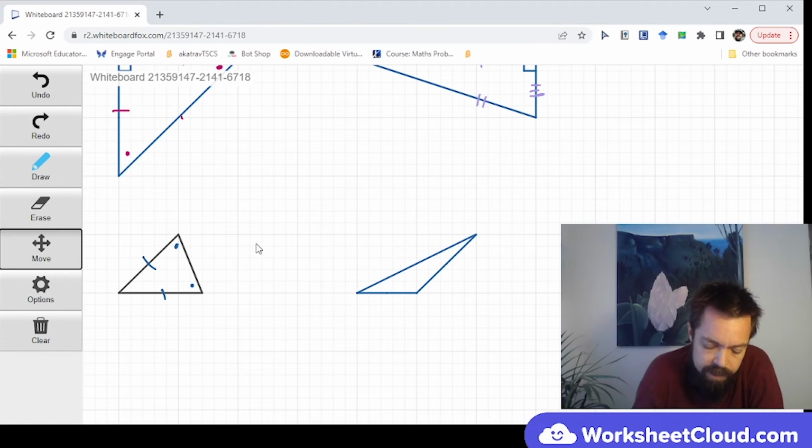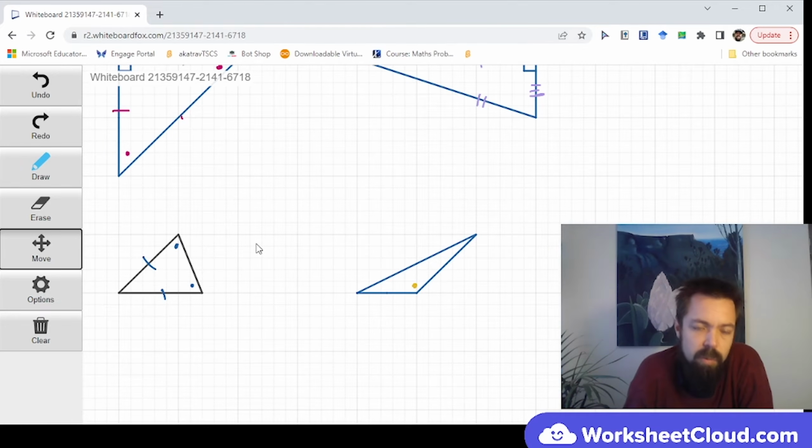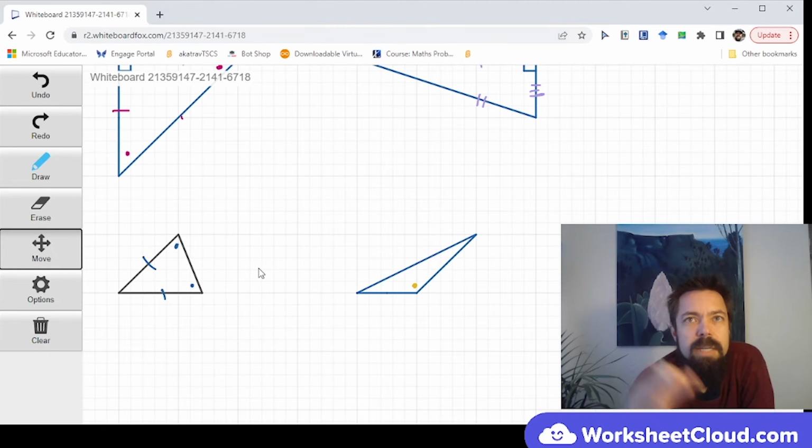And again, in this situation, we can only have one that's more than 90, and this is an obtuse scalene because none of the sides are the same, and it's an obtuse triangle. So that's what I'm talking about when we expand our understanding of what it looks like by giving it a longer name. That will come with time.